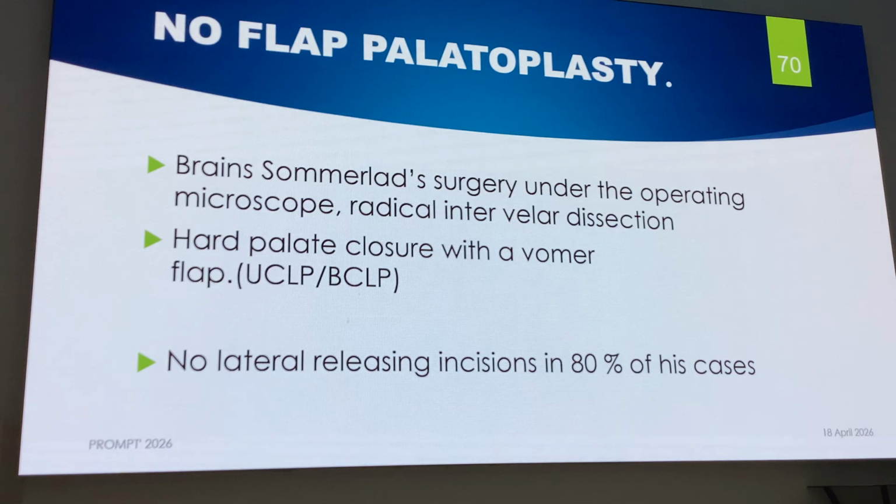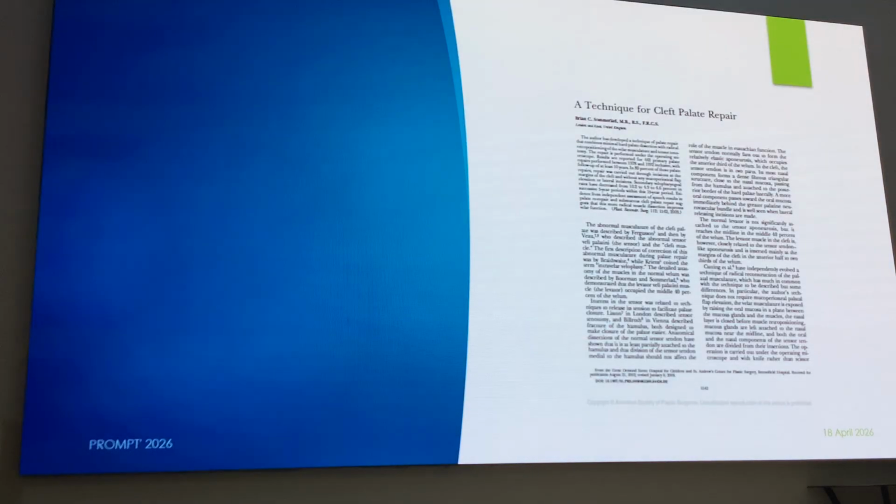Now, there's also something called the no flap palatoplasty, a surgery from England. He started this procedure and uses a microscope with very radical dissection of the soft palate muscle and repositioning. There are no lateral incisions in up to 80% of the cases.